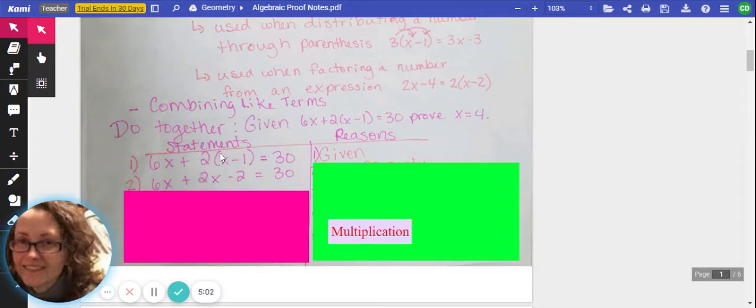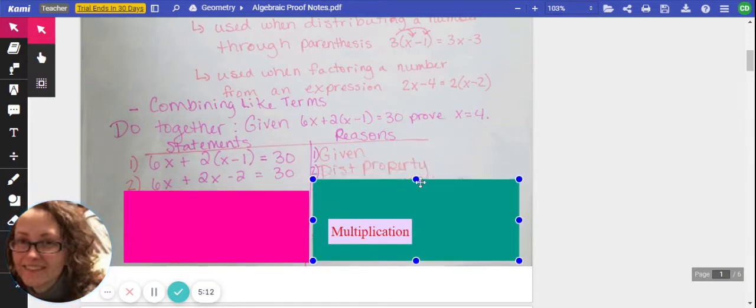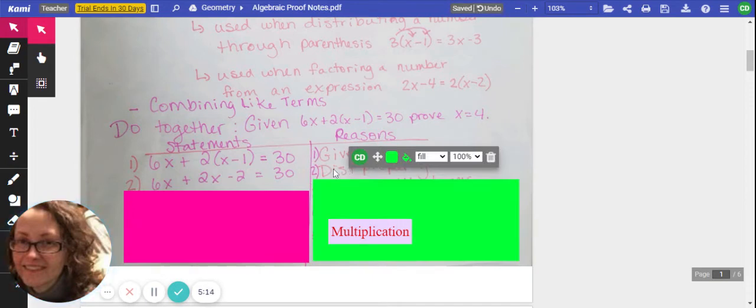So here I chose to go ahead and distribute my 2 into my x and my -1 to get this step, so I used the distributive property as my reasoning here.